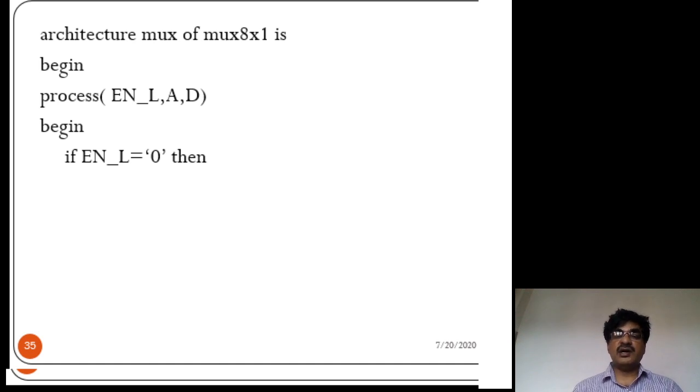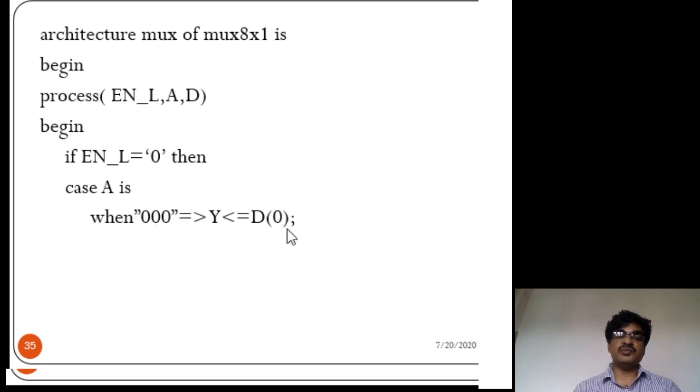Okay, so I'm going to use now a case statement to observe what is the value in the select line. Okay, here the select line is what? A is the select line. Okay, so now I am using a case statement. Case A is when 000. Suppose if A consists of the value 000, so which input you need to pass to Y?